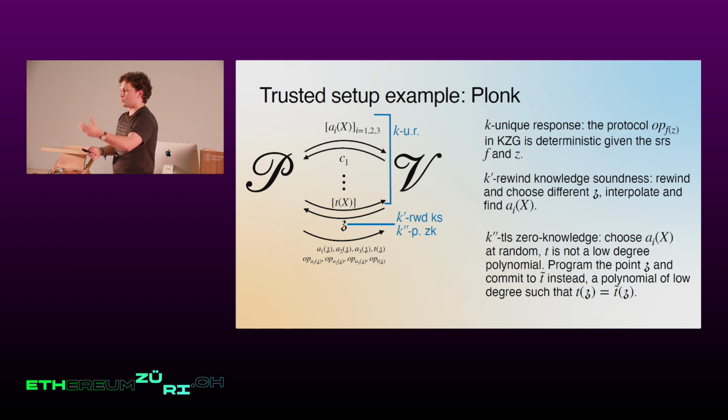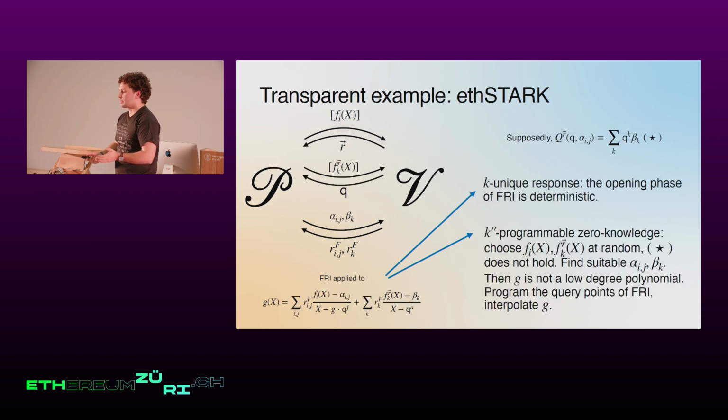So in the Plonk protocol it mattered how it was set up for us to be able to prove these properties. But here in the STARK example, you see that these properties only depended on the fact that we used the FRI protocol to test the low degreeness of this function. It didn't really matter what happened before that point or after that point.